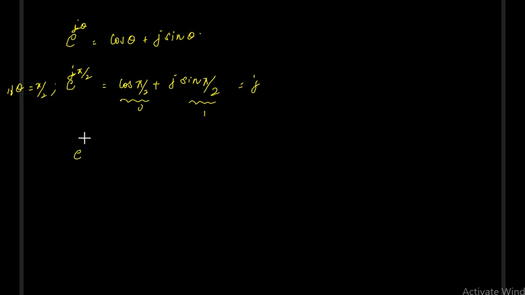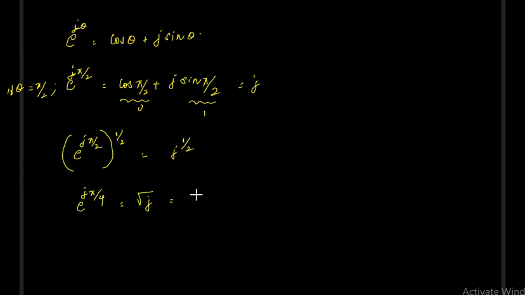Now let us take the square root on both sides. E power j pi by 2, raised to the power 1 by 2, is equal to j power 1 by 2. So e power j pi by 4 is equal to the square root of j.